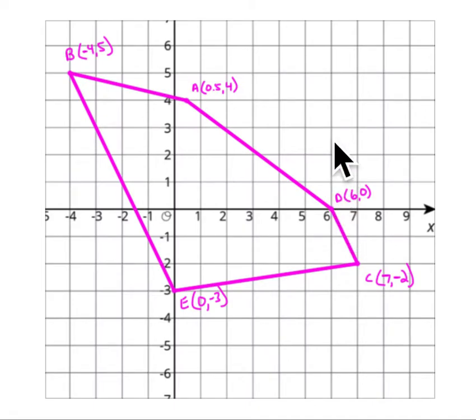It doesn't change its y value at all because it's 0. And C is going to reflect up, going along the x-axis to 7 units. And instead of going south or in a negative direction, it's going to go in a positive direction 2 units. It's going to be 7, positive 2.